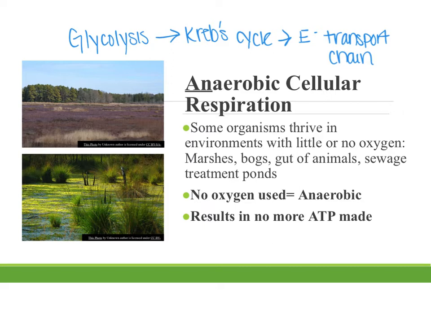However, there are some organisms that thrive in environments with very little or no oxygen at all. These organisms still need to convert chemical energy into ATP energy. So instead of using the aerobic cellular respiration process, they are going to use a process called anaerobic cellular respiration.